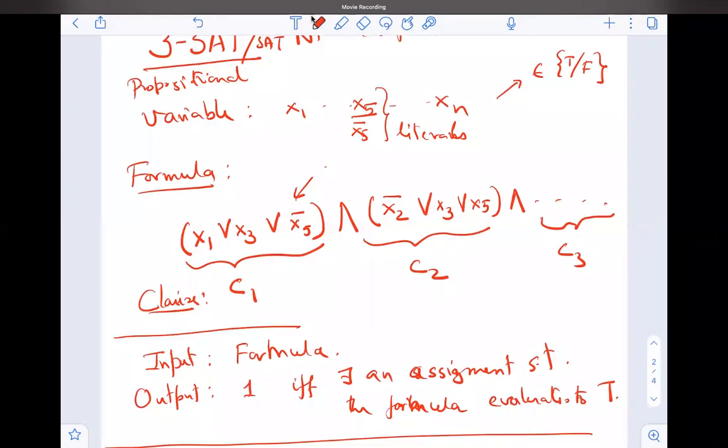If it evaluates to true, then we are done. Now, checking whether a particular assignment evaluates to true is actually a polytime algorithm. I am not explaining exactly how, but you go ahead and think about it.